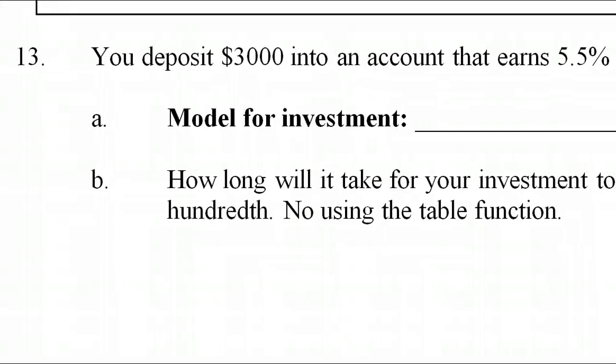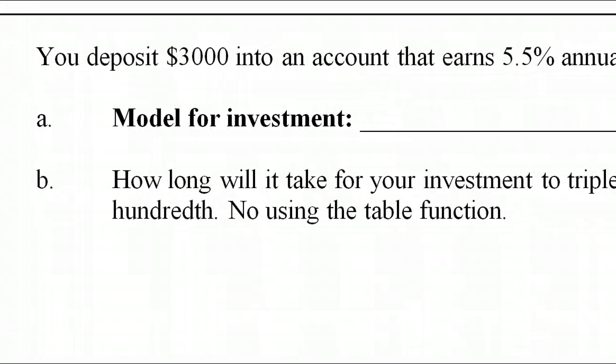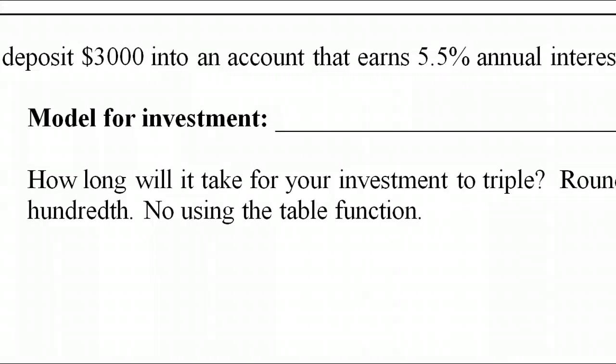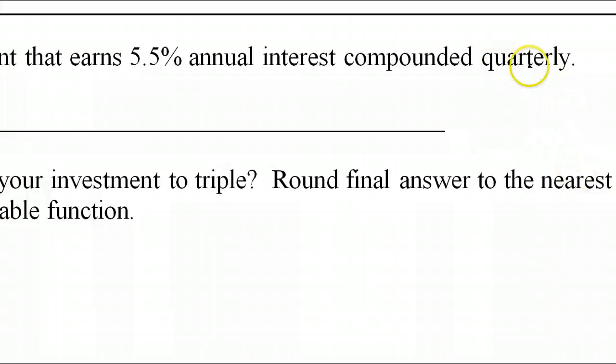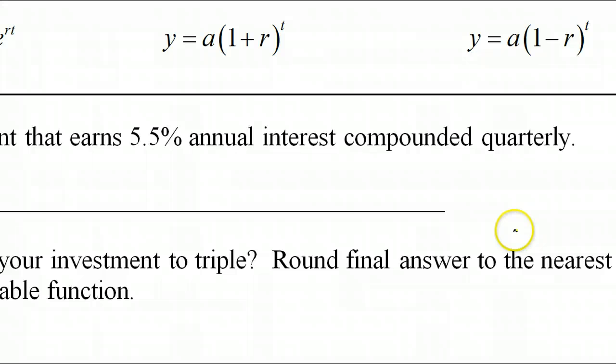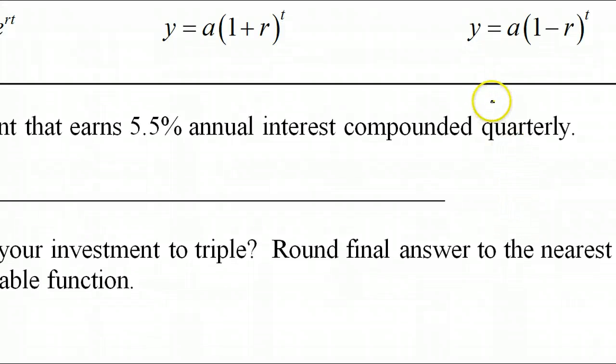Okay, anyway, you deposit $3,000 into an account that earns 5.5% annual interest compounded quarterly. That word right there is a key that lets me know which one of these formulas I'm going to be using. Quarterly is telling us that we are compounding 4 times a year.